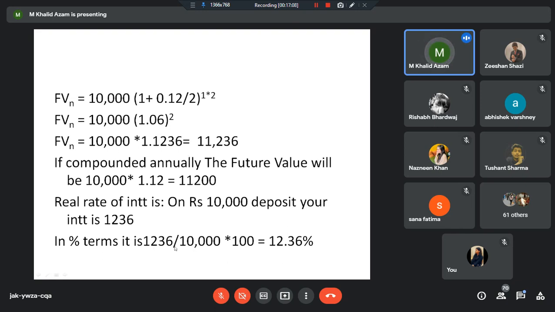So 1,236, you are getting this as interest, and 10,000 you are depositing. The 12 is your rate of return. The total amount, here it is 11,200, and here it is 11,236 rupees. So this is the return you are going to receive on your deposit when you compound.